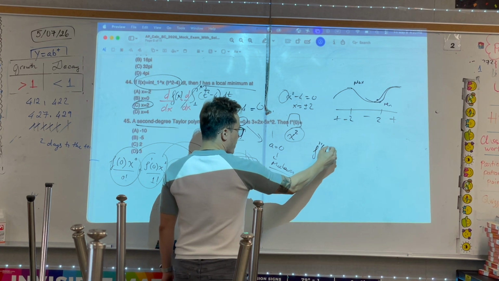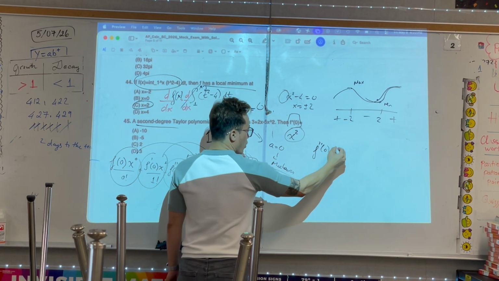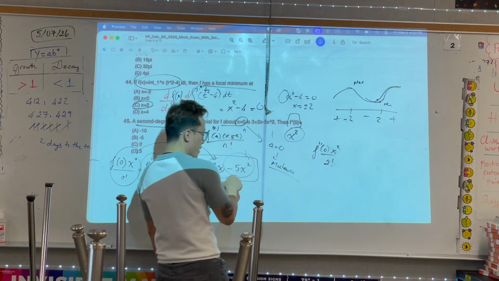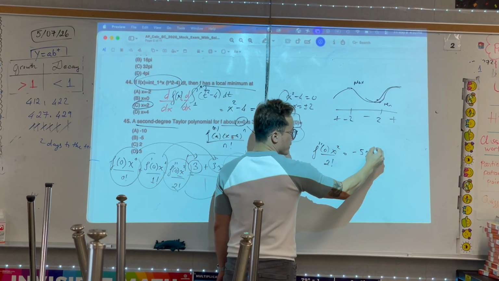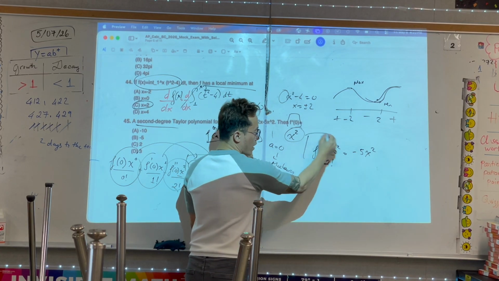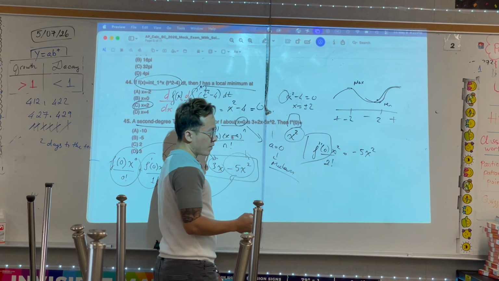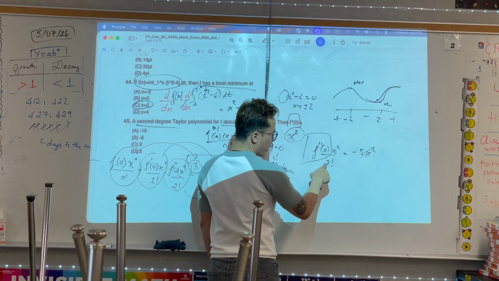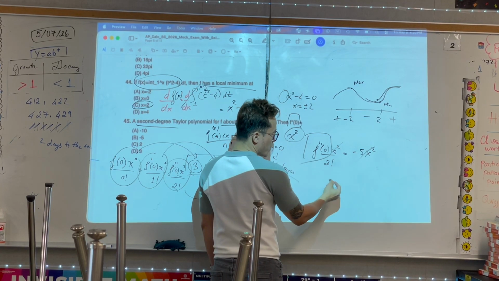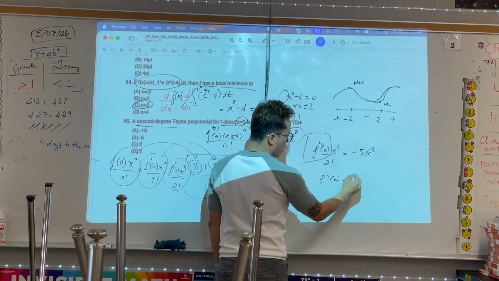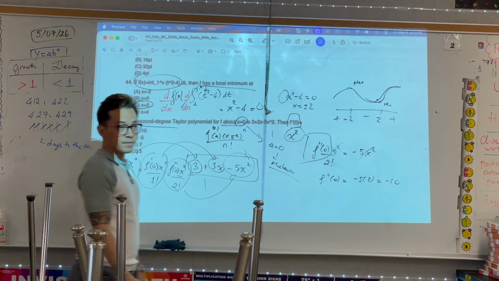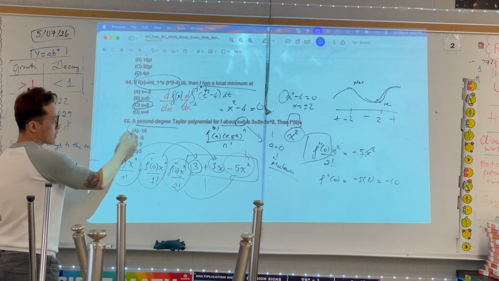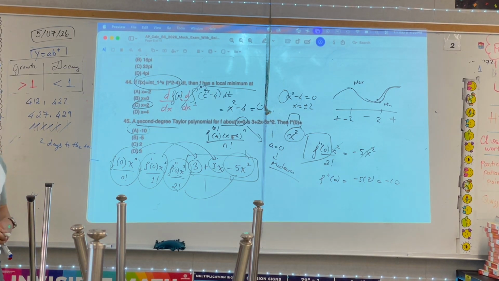So f double prime times x squared over 2 factorial must equal negative 5x squared. Can you solve for this? x squared is gone, 2 factorial is 2, so f double prime equals negative 5 times 2. That's negative 10. It's just matching the terms.